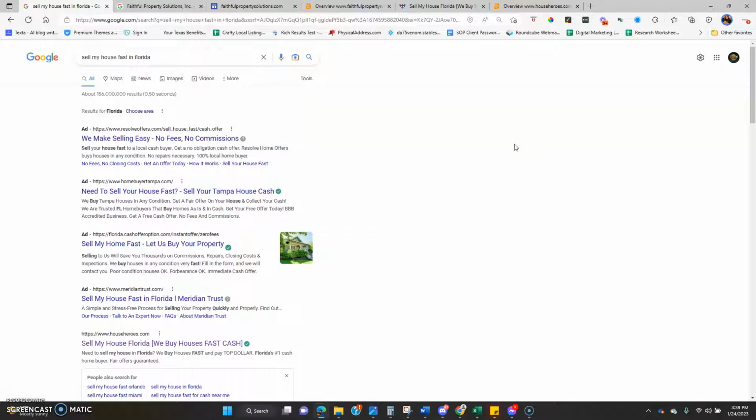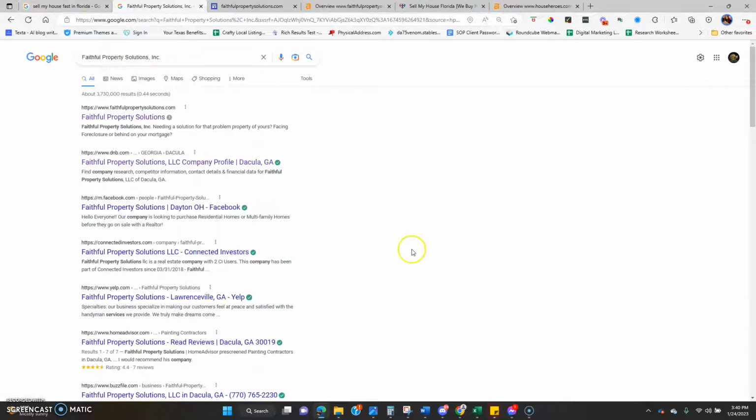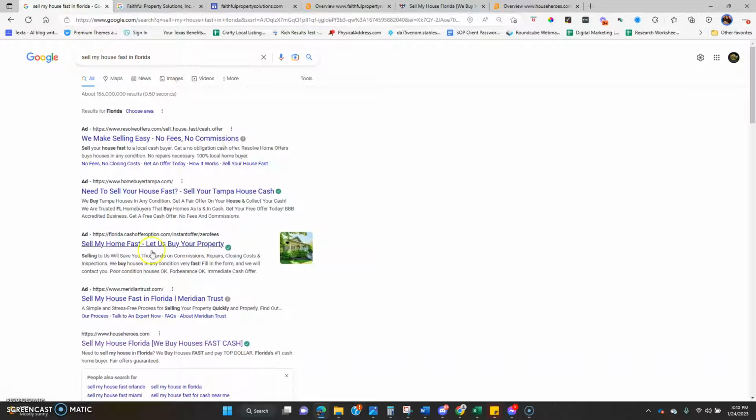So we already know that, of course, Google is the number one search engine around the globe. And we've heard about ChatGPT, but for right now, of course, Google is where you want to be found. There's a lot of people purchasing ads to be on top of Google.